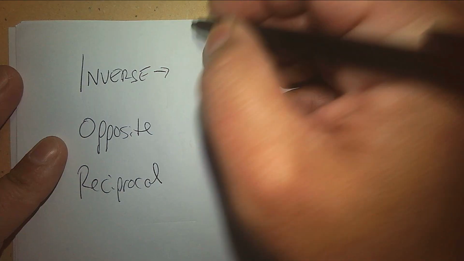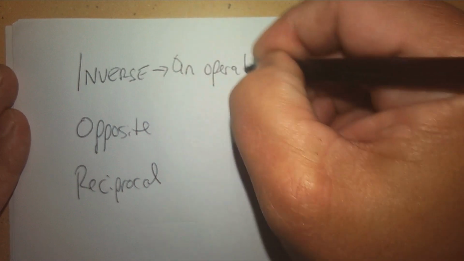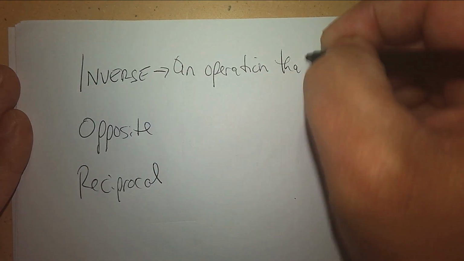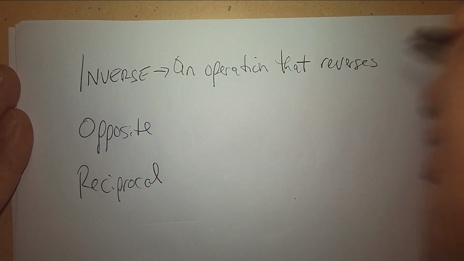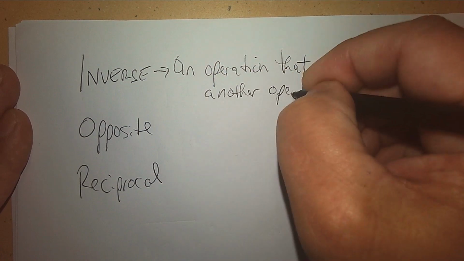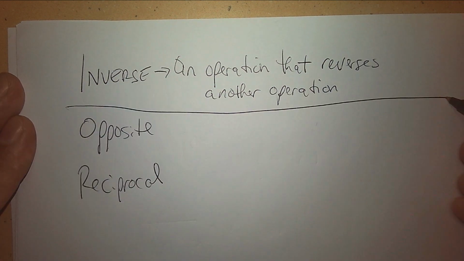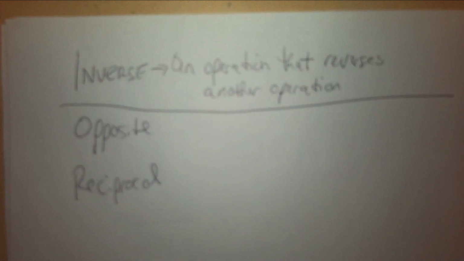Inverse is an operation that reverses another operation. What do you think obvious examples of inverses are?